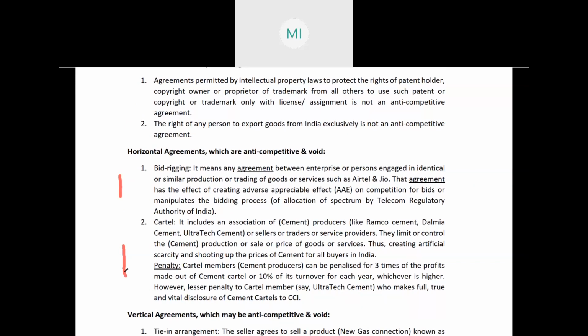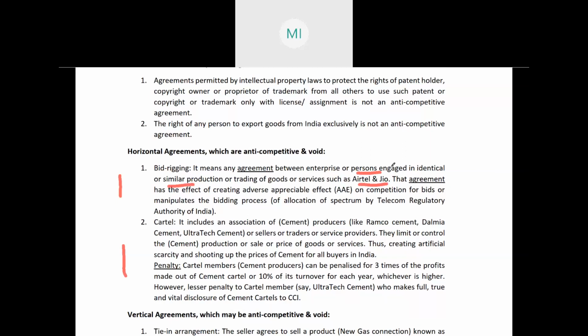I try to give examples then and there, so just try to relate that, so it will be easy. Any agreement between enterprises or persons engaged in identical or similar production, like say Airtel and Jio, both offer SIM cards and both offer phone services and data services, right?